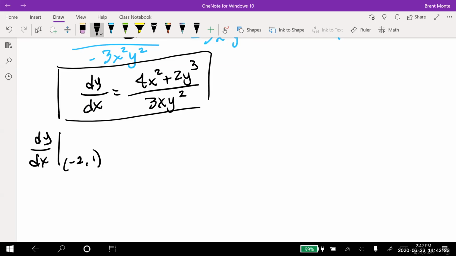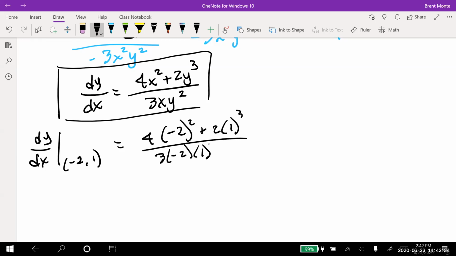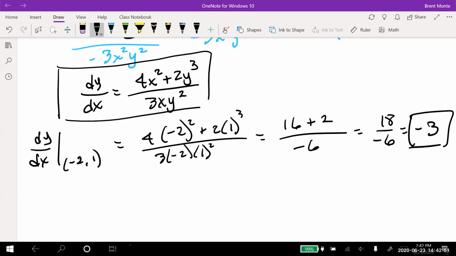I get 4 times negative 2 squared plus 2 times 1 cubed over 3 times negative 2 times 1 squared. All right, let's see what that is. Negative 2 squared is 4, so I get 16 plus 2 on the top. And on the bottom, I just get negative 6. So it's 18 over negative 6, which gives me negative 3. That's my slope of the curve at that point.